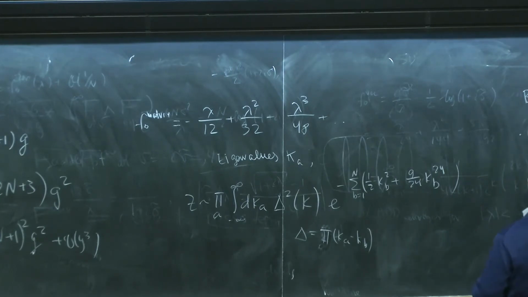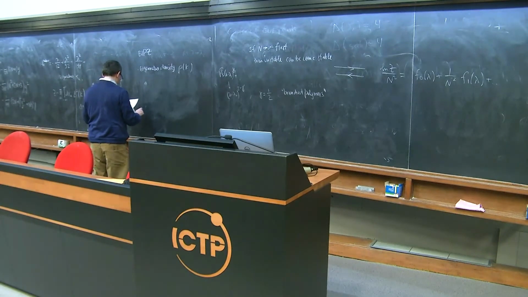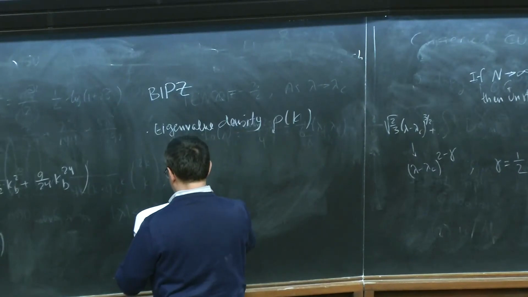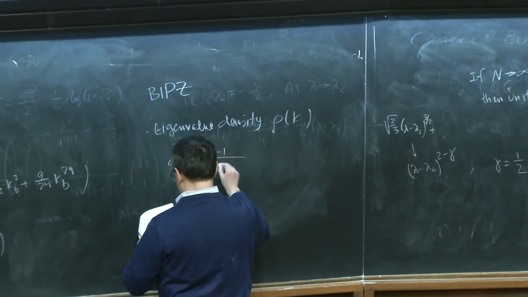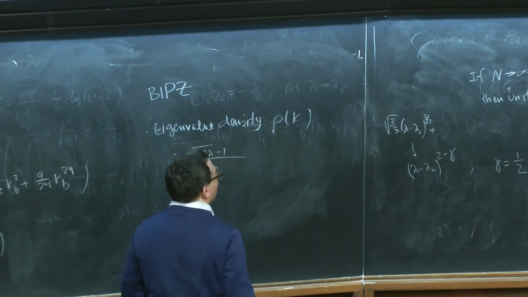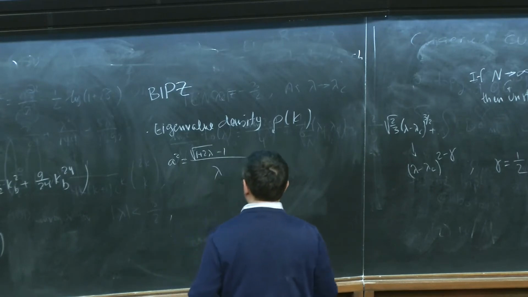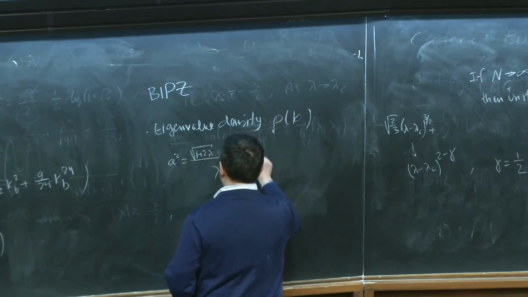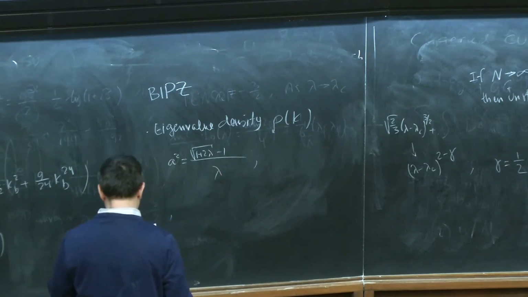You introduce a quantity a squared of lambda, which is the square root of 1 plus 2 lambda, minus 1, over lambda. It's a bit similar to the quantity that I had also in the vector model case, which also has a square root, right?